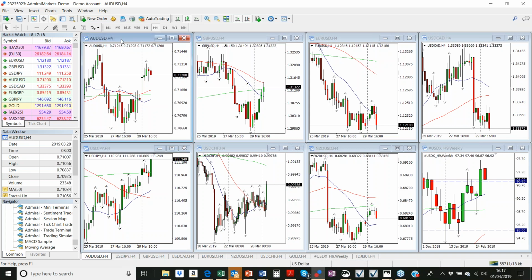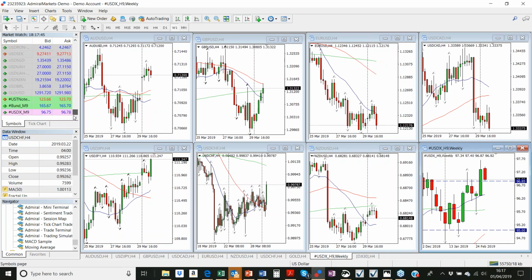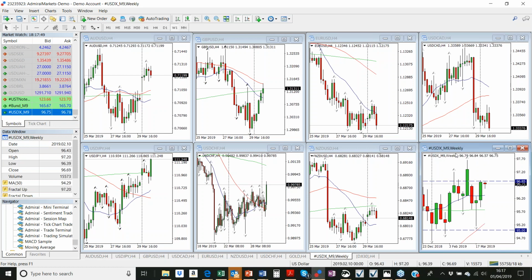So here I have the Aussie against the US dollar, the pound against the US dollar, the euro against the US dollar, the dollar against the Canadian dollar, the dollar against the Japanese yen, the dollar against the Swiss franc, the Kiwi against the US dollar, and here at the bottom far right, it is effectively the dollar index. Just pick up this one. Update that automatically for me.